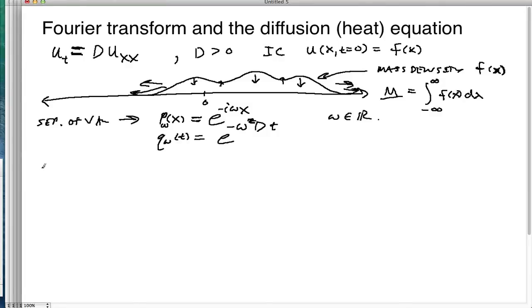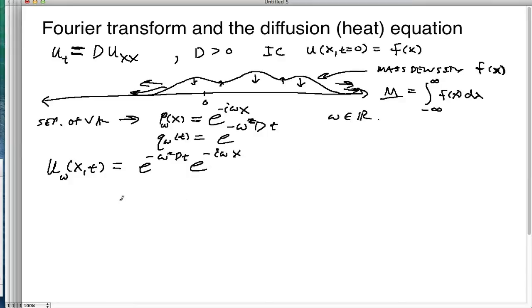All right, and so of course we put those together and we get these basis functions, parameterized again by omega. u_ω(x, t) is going to be e^(-ω²Dt) e^(-iωx).